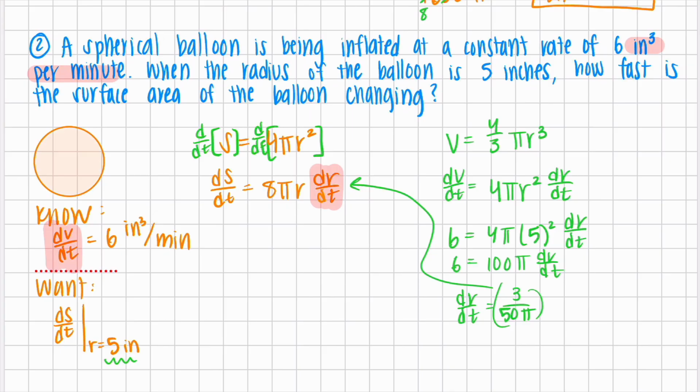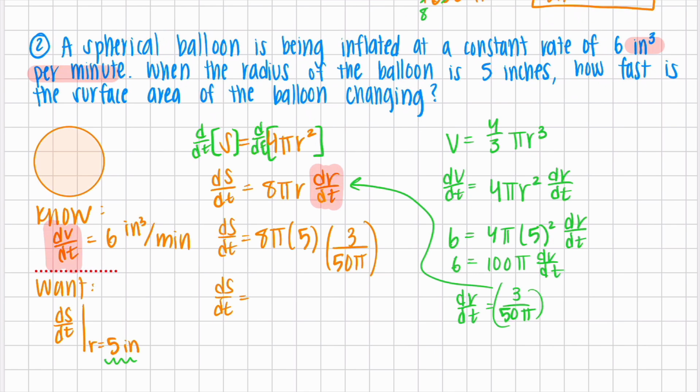Moving back to my first equation, I have dS/dt equals 8 pi, my r is 5, my dr/dt is 3 over 50 pi. Last thing we need to do is simplify.